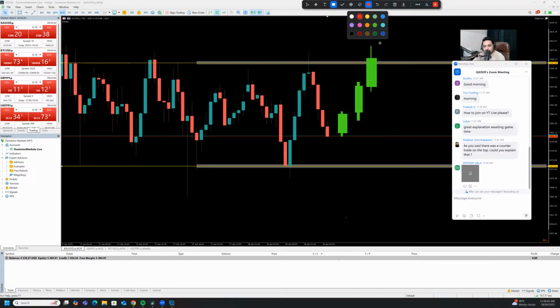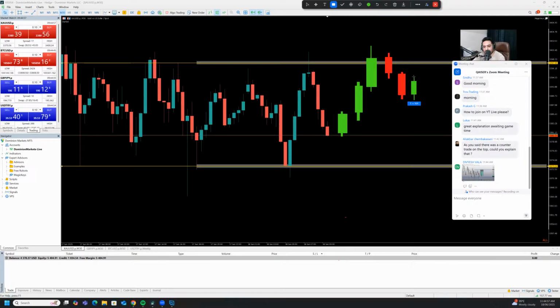If you want to take a sell, it has to create a support, and then the next candle creates a wick, breaks the support and closes below the support. This is your counter trade setup in a simple way.